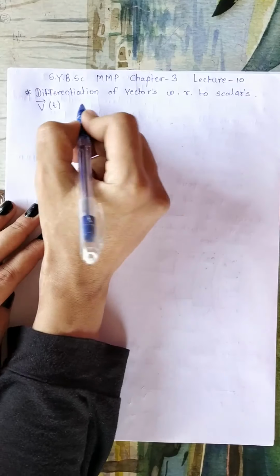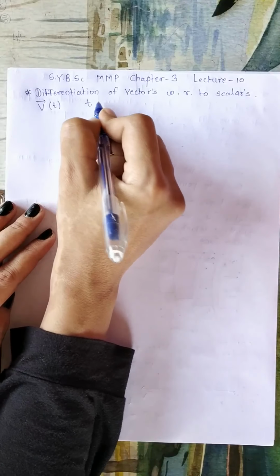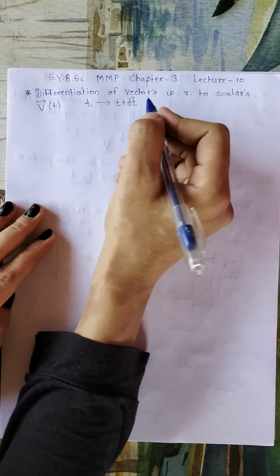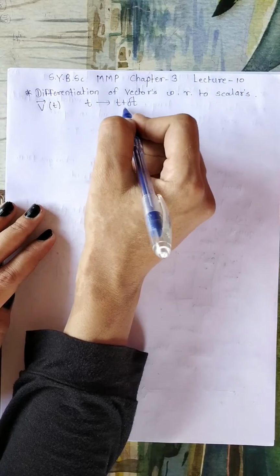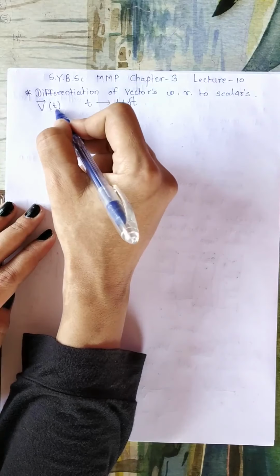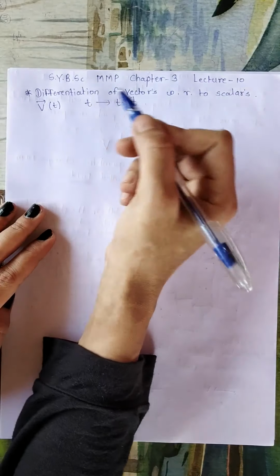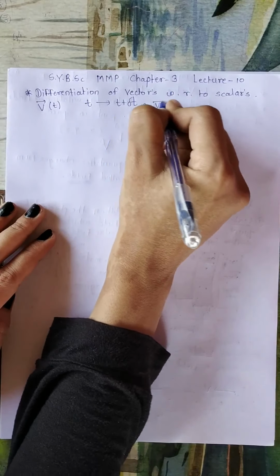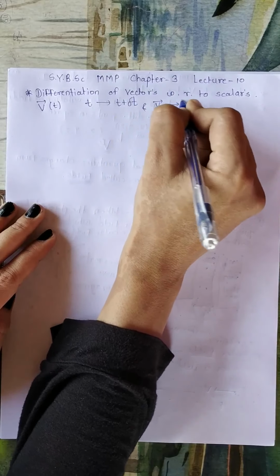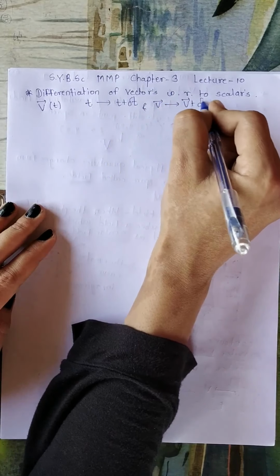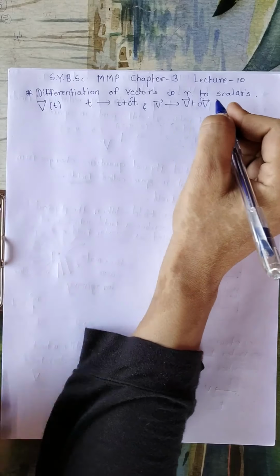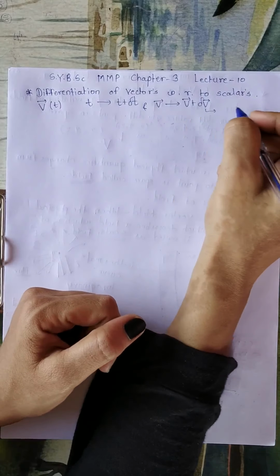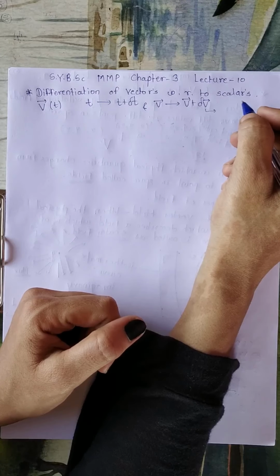Now if the variable t is changing from t to t plus delta t, then since v bar is a function of t, v bar also undergoes a change, from v bar to v bar plus delta v bar, where this delta v bar is a small increment in v due to the increment in t.